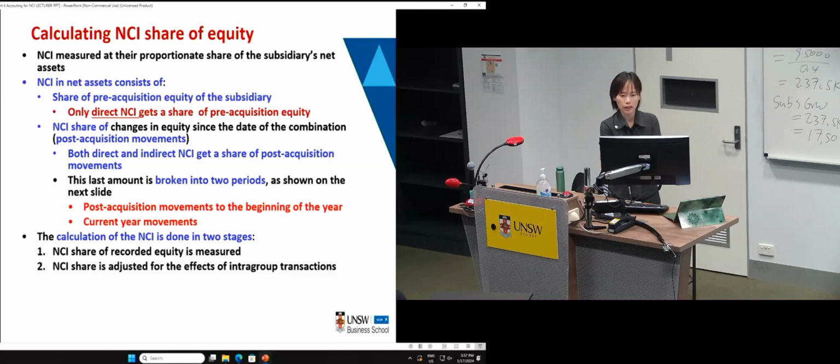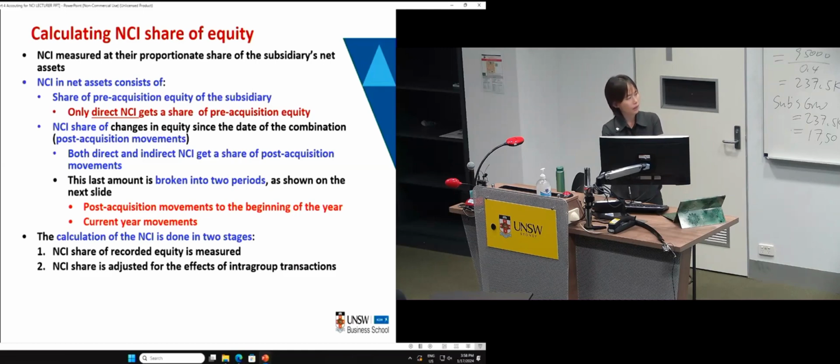Identify the changes of movement. Then we look at the current year movement in the subsidiary's equity, usually resulting from current year profit and loss and current year dividend. So the share of the post-acquisition equity of the subsidiary can be further broken down into these two steps. And the whole NCI calculation can be done in two stages.